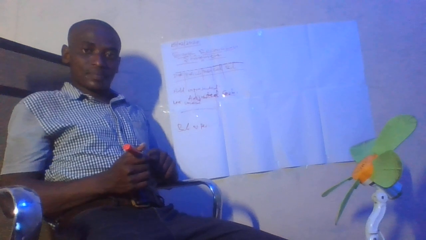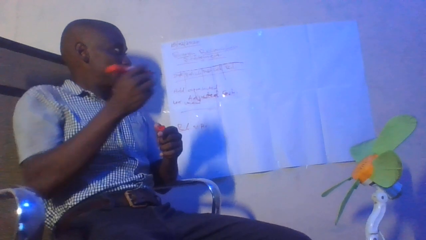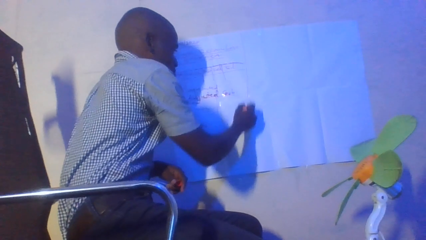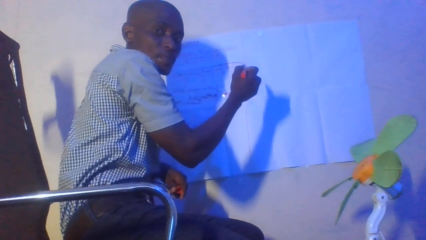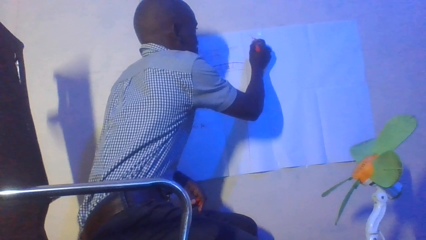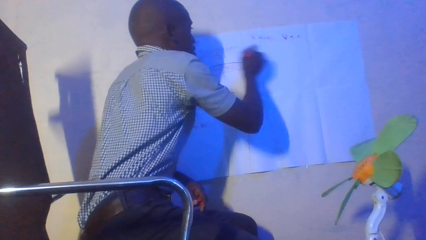Do you hear me there? That is how you're supposed to record. You record those things properly. So you just draw your format. You write bank reconciliation statement. Okay.